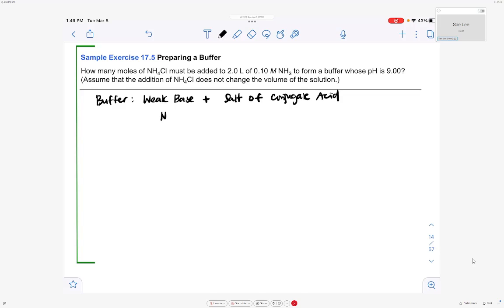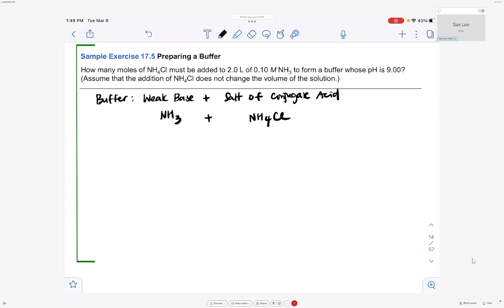The weak base is ammonia. The salt of conjugate acid is ammonium chloride. So the base dissociation equilibrium in this buffer solution involves both base and conjugate acid. Let's write out the base dissociation reaction for this ammonia.